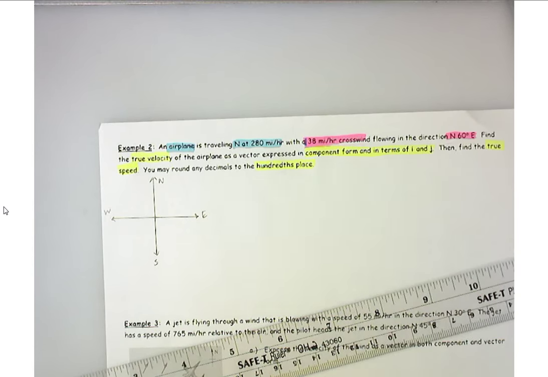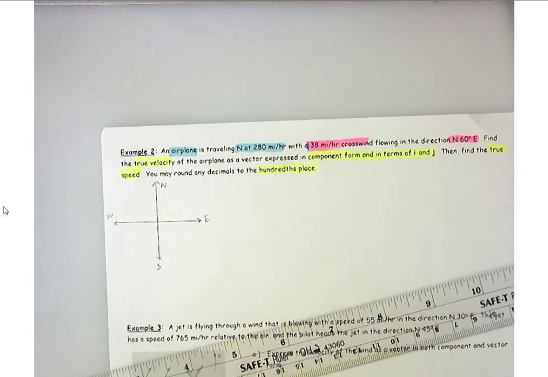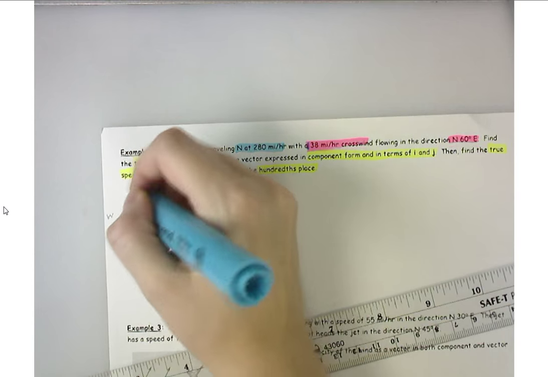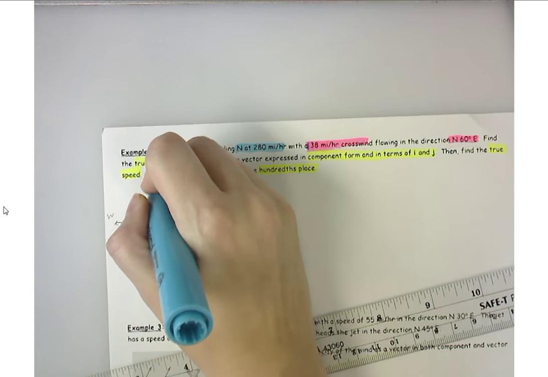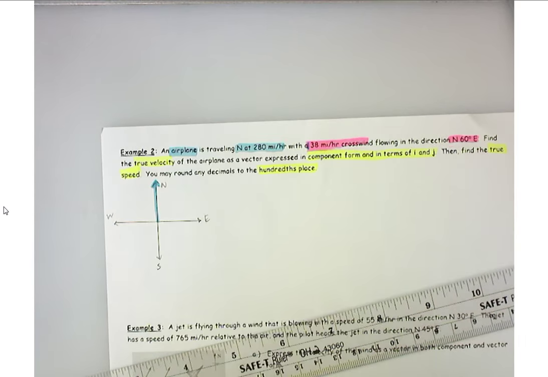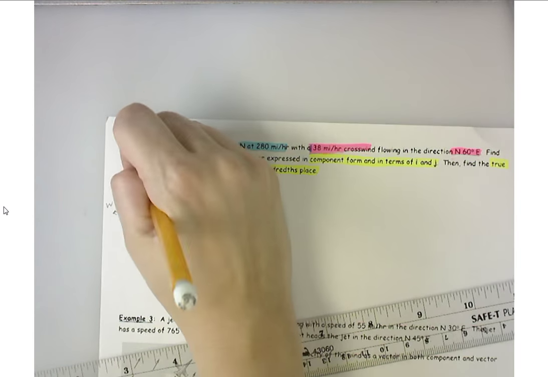So if it's traveling north, it is just going to be straight up here. Okay, and then I'm going to label that as the 280. So that's the magnitude. And then this is the airplane. So I'm just going to label that with an A.